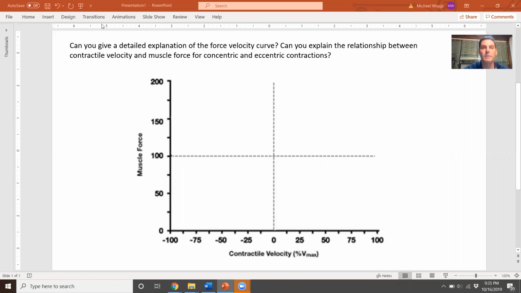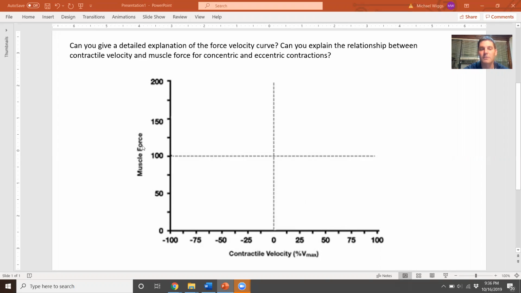If we think back to what we did in class, the experiment that we had students do as a demonstration was to visualize lifting a really low amount of weight. If you're able to think about a low amount of weight, you're able to move at a relatively fast velocity.